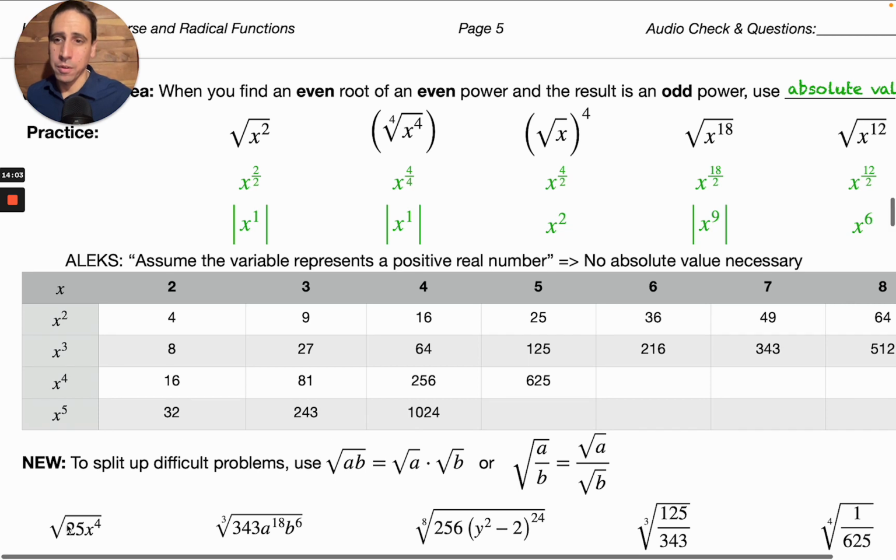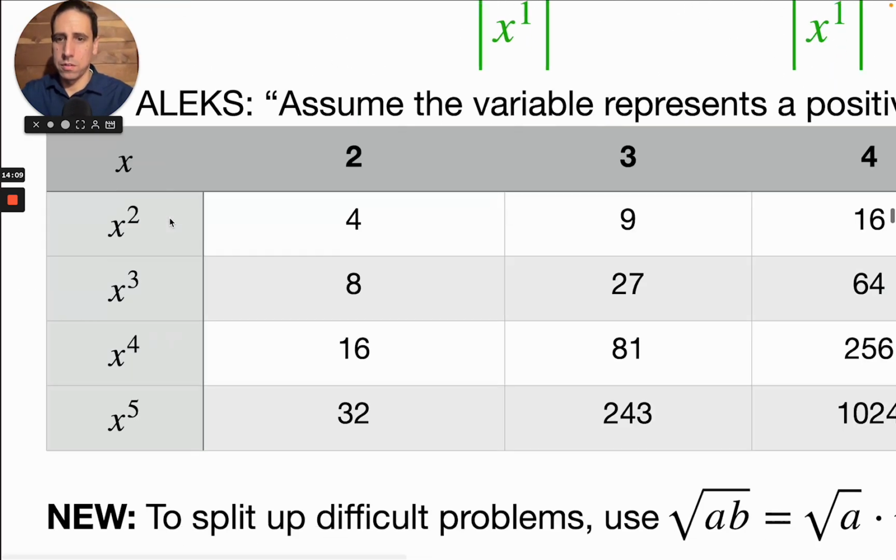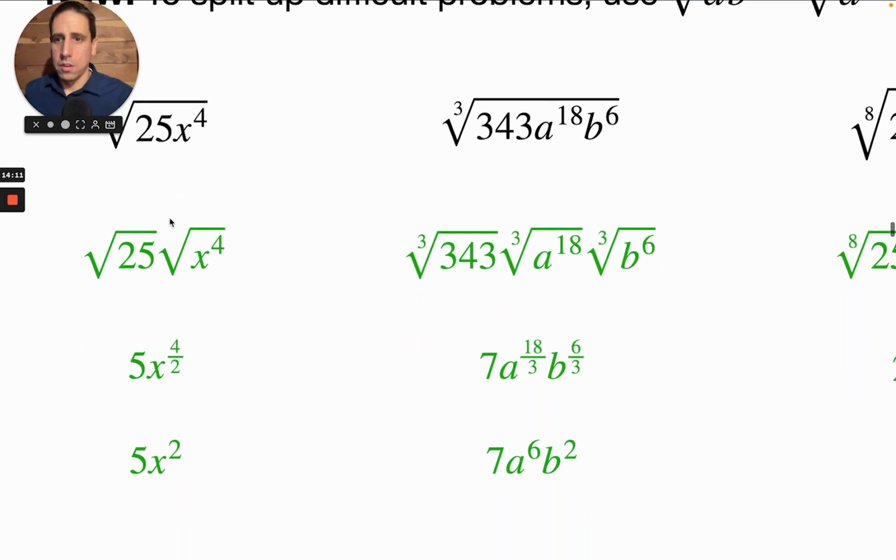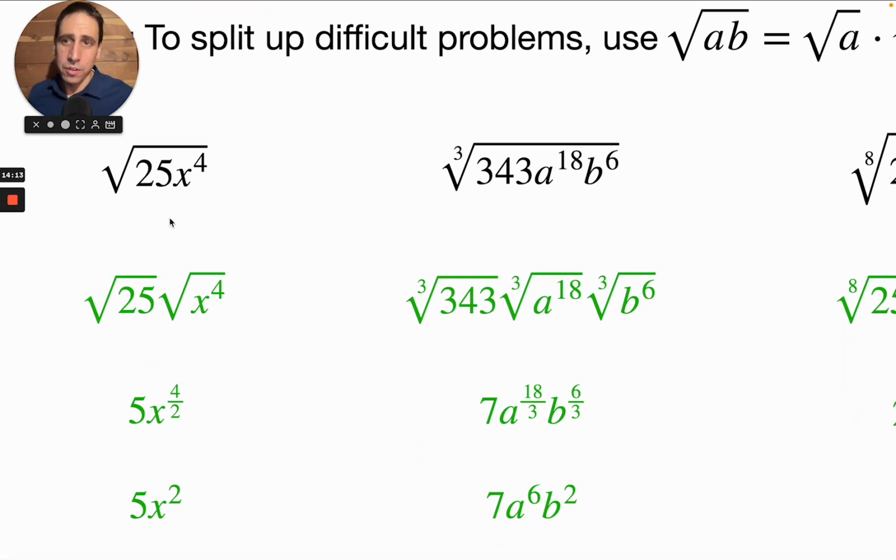We're going to take the square root of 25x to the 4th. Let me zoom in a little bit. The square root of 25x to the 4th is pretty complicated, so you want to split up this difficult problem.